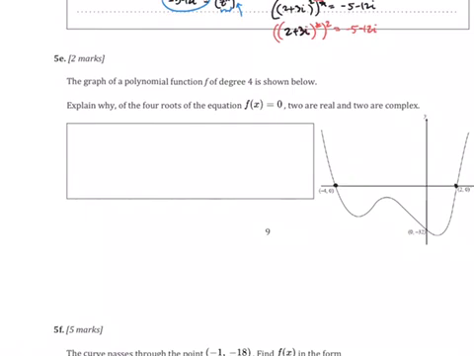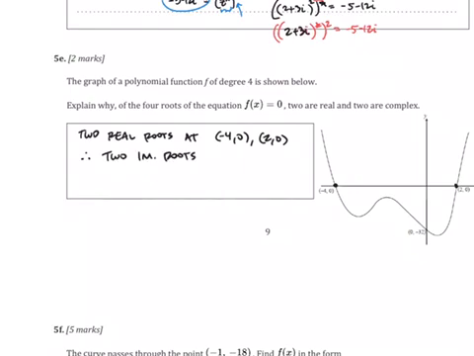So it says explain why of the 4 roots of the equation f of x equals 0, 2 are real and 2 are complex. Well, we could say since there's 2 real roots, at negative 4, 0, and 2, 0, therefore there's 2 imaginary roots.